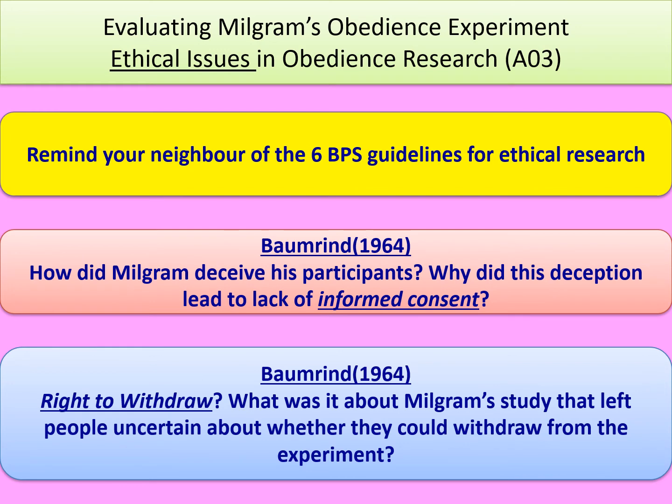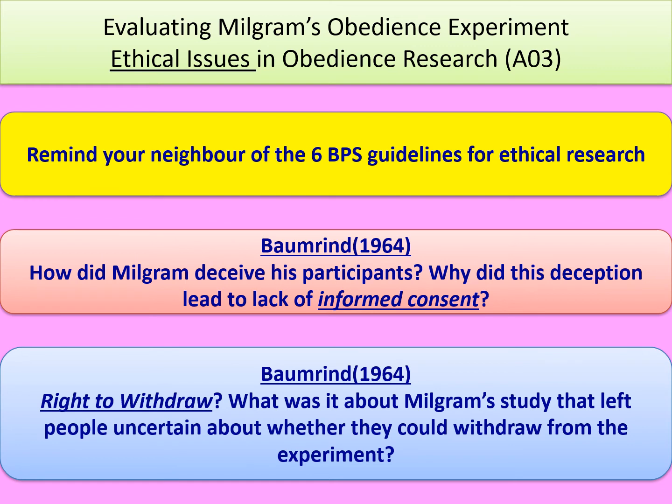Okay, so another evaluation point for Milgram, and a biggie, is the ethical implications, the ethical issues. So first of all, pause the video and remind yourself, write down what are the 6 BPS guidelines for ethical research.